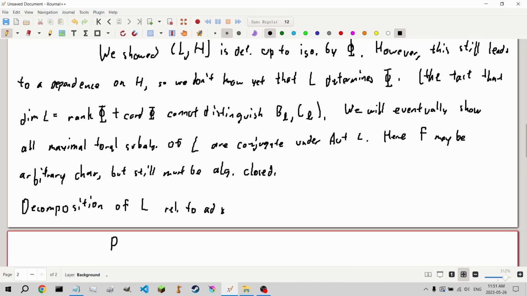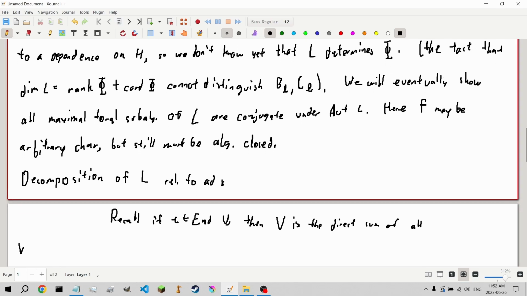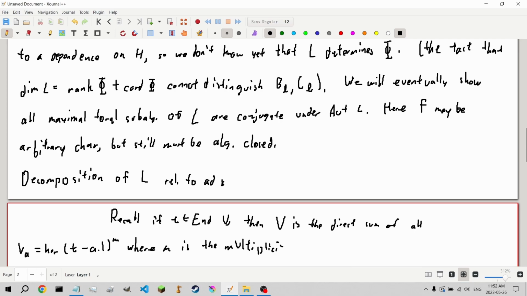So recall that if T is an element of the endomorphisms of a finite dimensional vector space V, then V is the direct sum of all V_a, being the kernel of (T minus a times 1) to the power of m, where m is the multiplicity of a as a root of the characteristic polynomial of T.